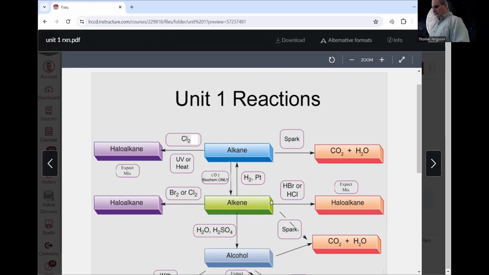You'll find that, notice you start with an alkene, you end up with a spark. You start with an alcohol, spark. All these, combustion is a very common reaction among organic compounds. So basically, any organic compound you can undergo combustion with oxygen and the spark.